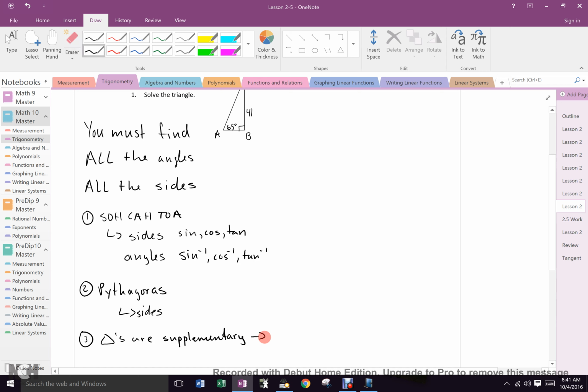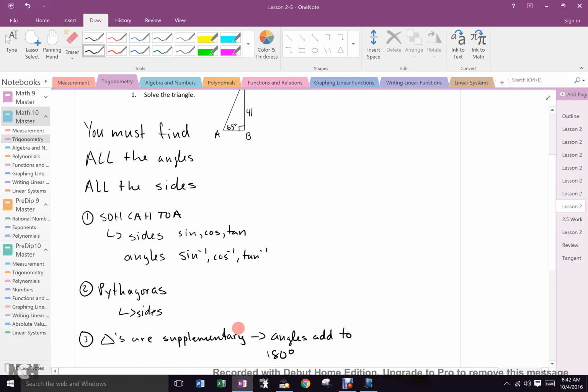Supplementary? Anyone? Nothing? Okay. The angles add to 180. So that fact allows us to find angles.